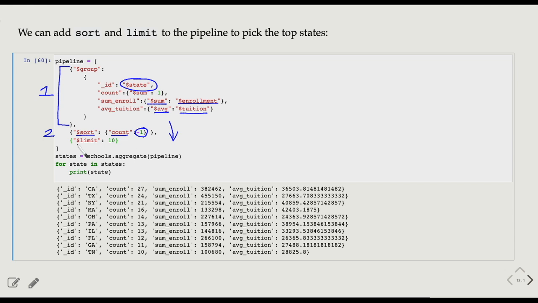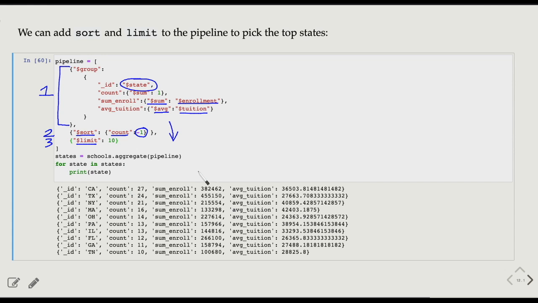And then we are going to limit. This is the third operation, which is $limit. In the end, we're going to limit the number of records to 10. In this case, we're limiting the number of states to 10. So we're only going to show the top 10 states in terms of the number of schools in the data set.